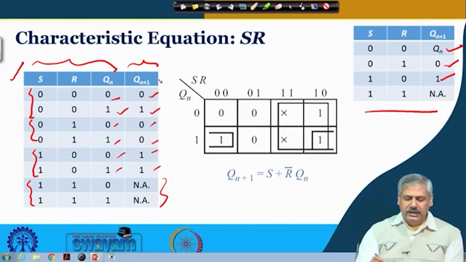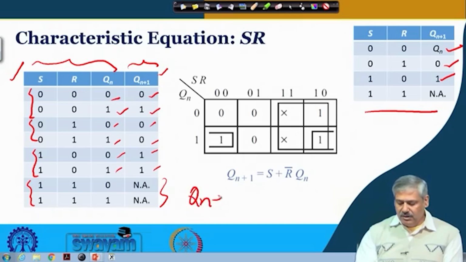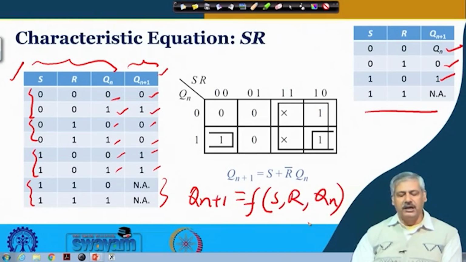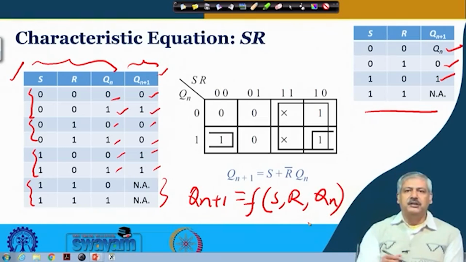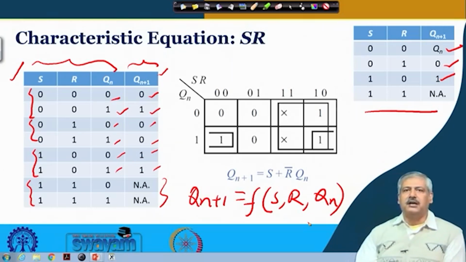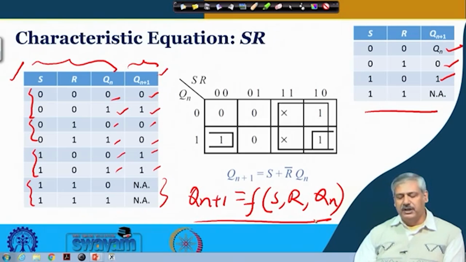The idea here is we want to represent Qn plus 1 as a function of S, R and Qn. We can take a minterm based representation and then minimize it using Boolean algebra or any other technique. Karnaugh map is handy, so we look at the Karnaugh map based representation of this logic equation.